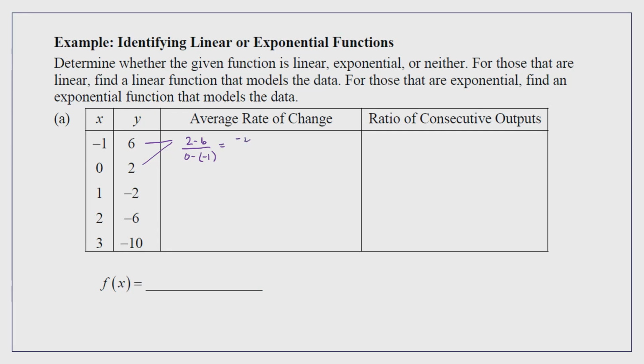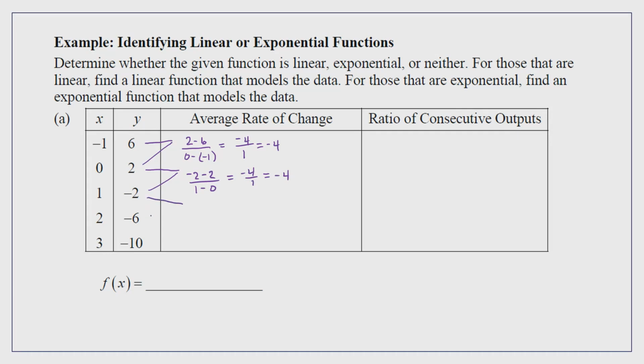And we would get negative 4 over 1, which equals negative 4. And then we'll do the same thing for the next two. So that would be negative 2 minus 2, and then 1 minus 0, which is negative 4 over 1, which equals negative 4.